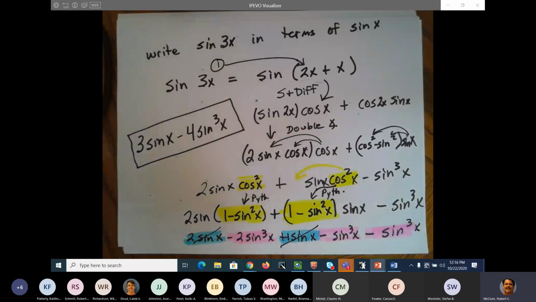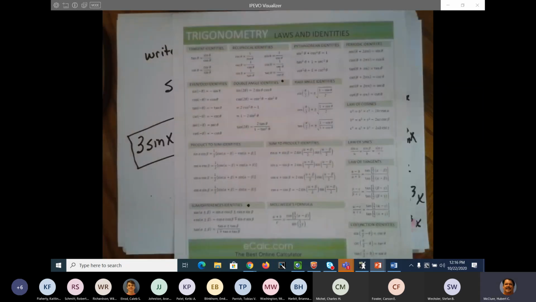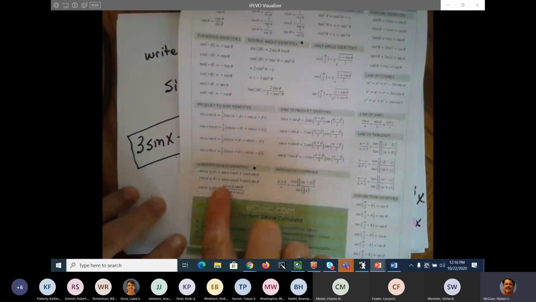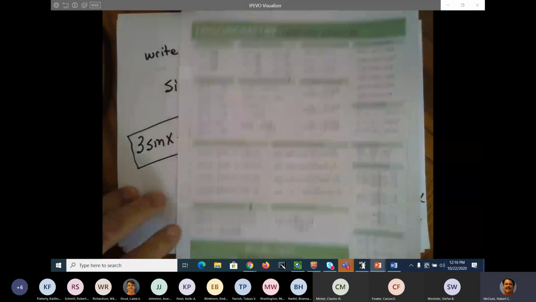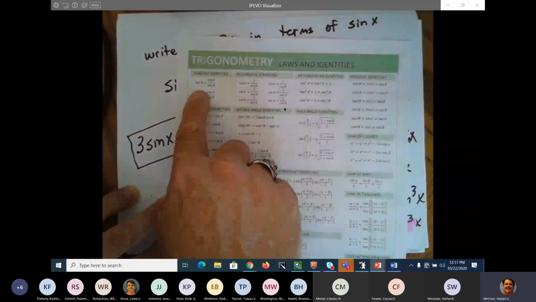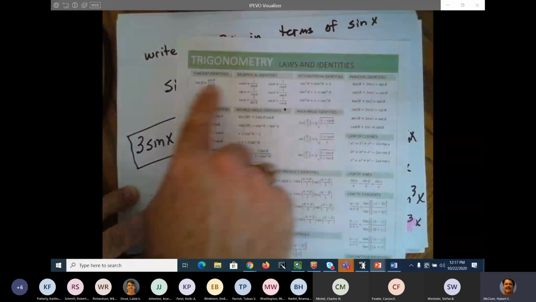A lot of people say, well, I need an index card to put all these on. Well, get you an index card and blow that green sheet up. I got one right here. Take this green sheet and blow this part up and put that on an index card. And then your double angle identities, blow that up and put that on an index card. And your Pythagorean, your tangent, reciprocal, I would put all three of these on one index card.